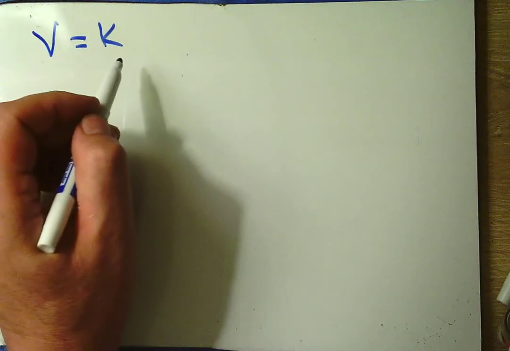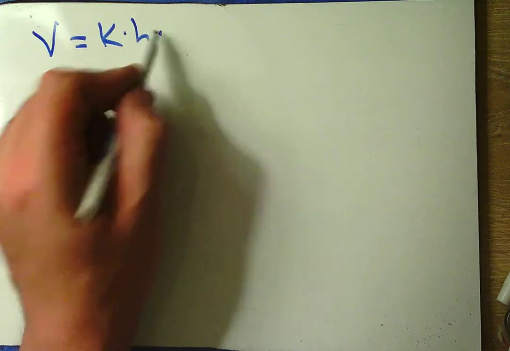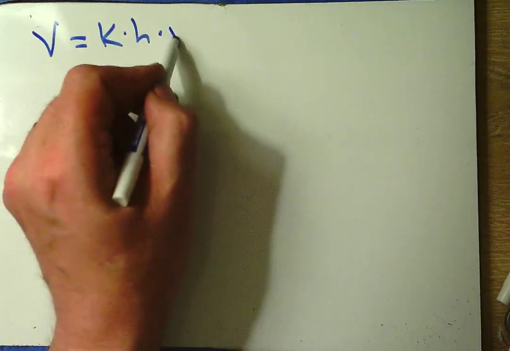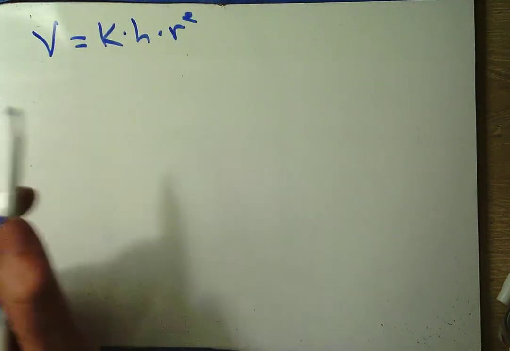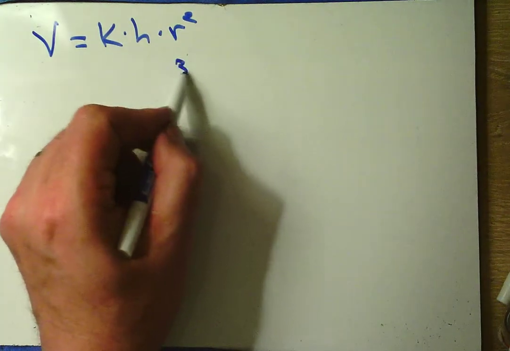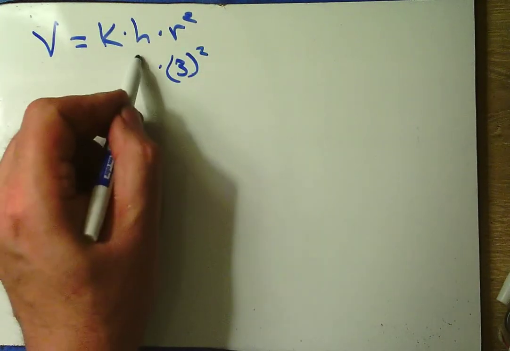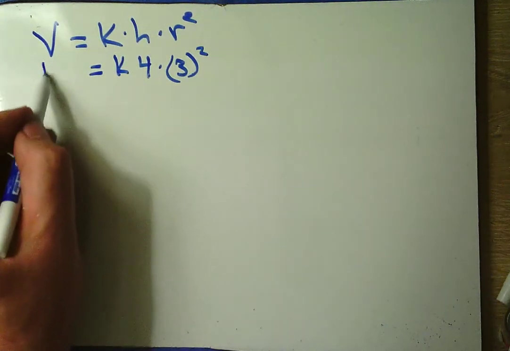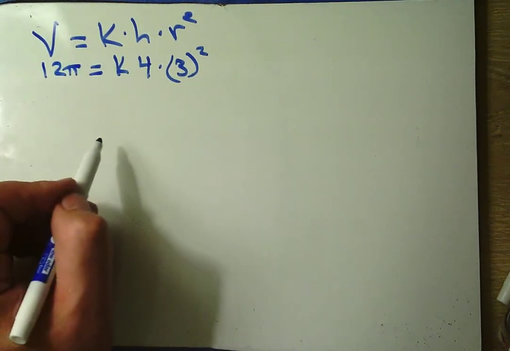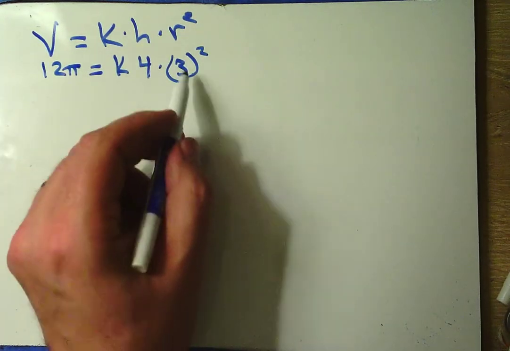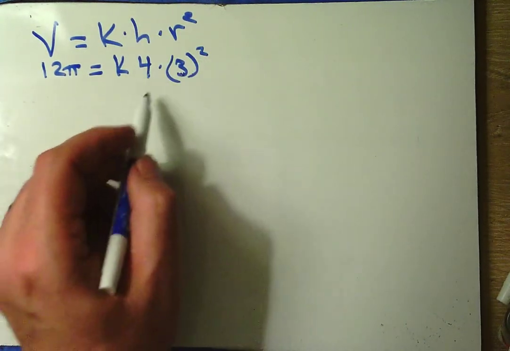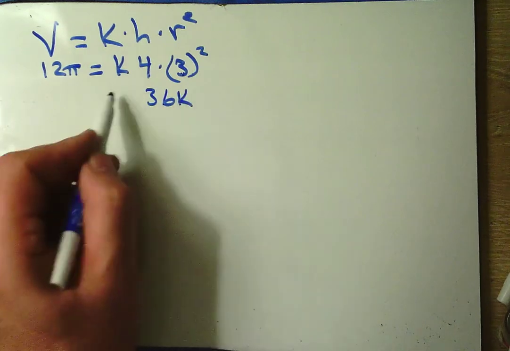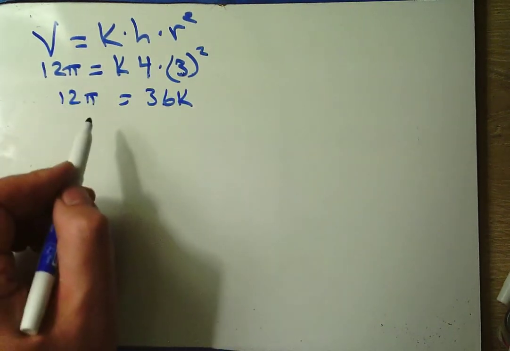9 says the volume of a cone is proportional to the height and the square of the radius, such that when r equals 3 and h equals 4, volume is 12 pi. Alright, well let's solve for k. 3 squared is 9. 9 times 4 is 36 equals 12 pi.